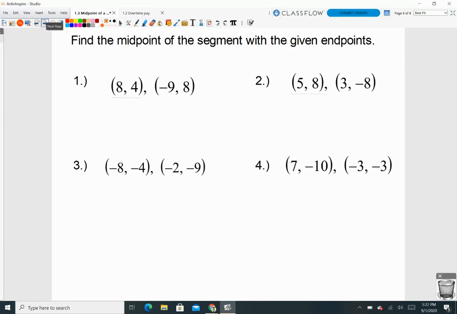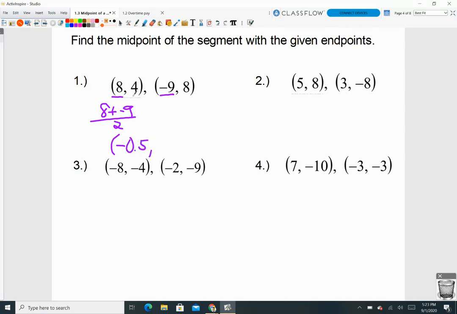You can even do these without a graph, which is what you're going to be doing on your homework. I'm not going to give you a whole bunch of graphs and ask you to do this. It's simply, here are the points, tell me what's in between them. So on each of these, add up your x, so 8 plus -9, and then divide by 2. That is -0.5.